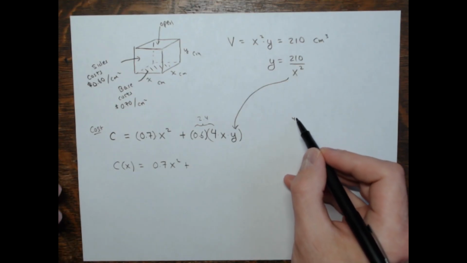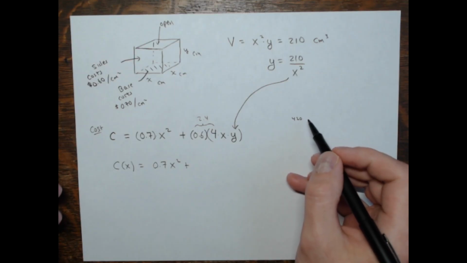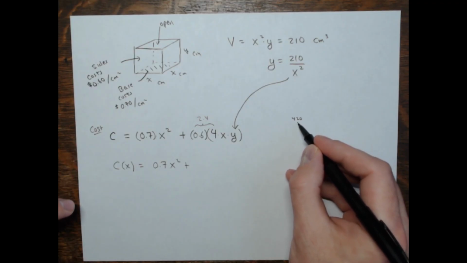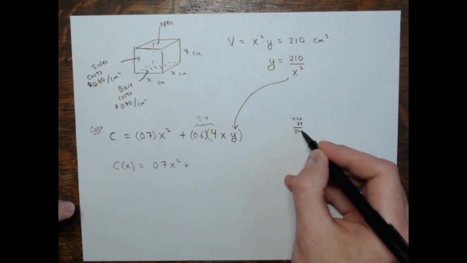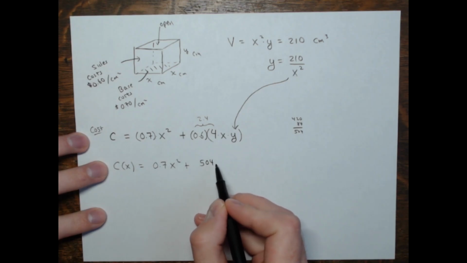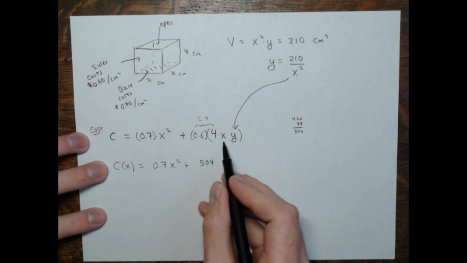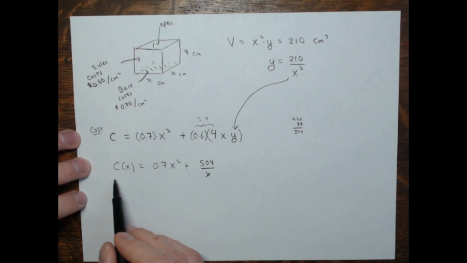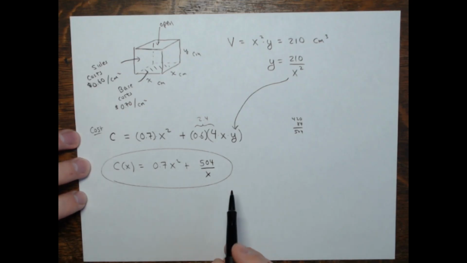So 2 times 210 is 420. 4 times 210 is 840, but it's a tenth of that, so plus 84. So that'd be 504. So this would be plus 504 over x, right? Because again, we have x over x squared. So here's our cost function.